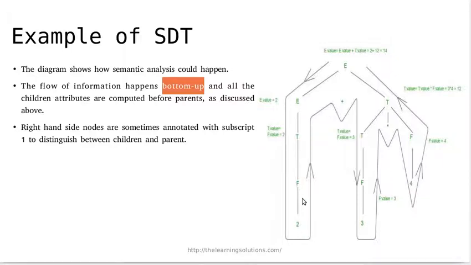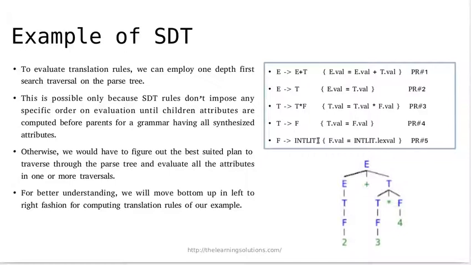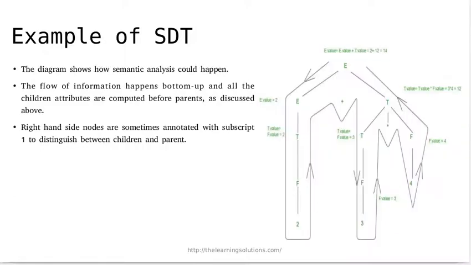Then this value 2 will be assigned to F. Then F will give this value to its production rule, that is T. Just because T is deriving F, if you see the rule, T is deriving F. So first of all this value is given to F, now F is giving this value to T, and T is ultimately giving that value to E. So this digit value goes to F, F value to T, and T value to E. So E ultimately gets the value 2. Next, we are not applying any rule for the plus. We are at this particular node. See the path, we are going this way.